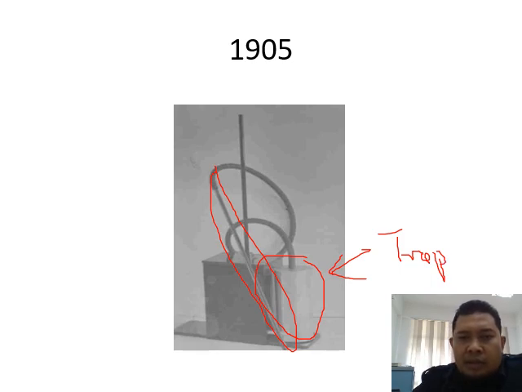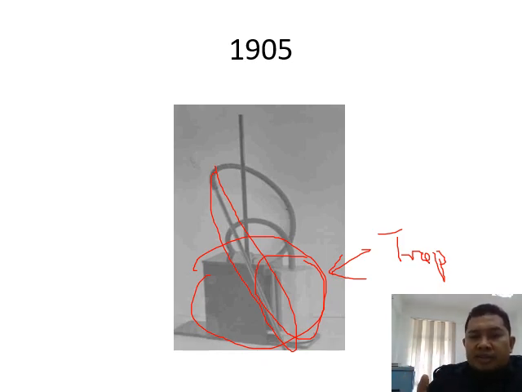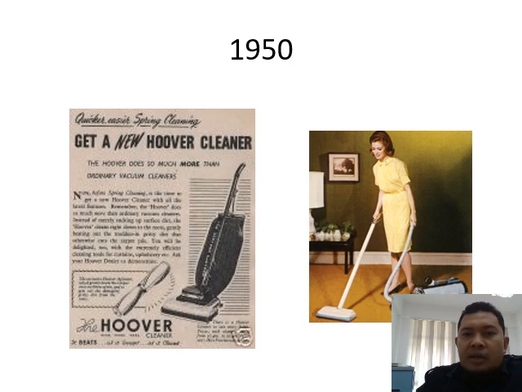And then over here, I'm not sure, but actually inside you have a container for the waste, and then you have the vacuum part of that vacuum cleaner. And then over here is 1950, during the baby boom generation. You have a Hoover cleaner.